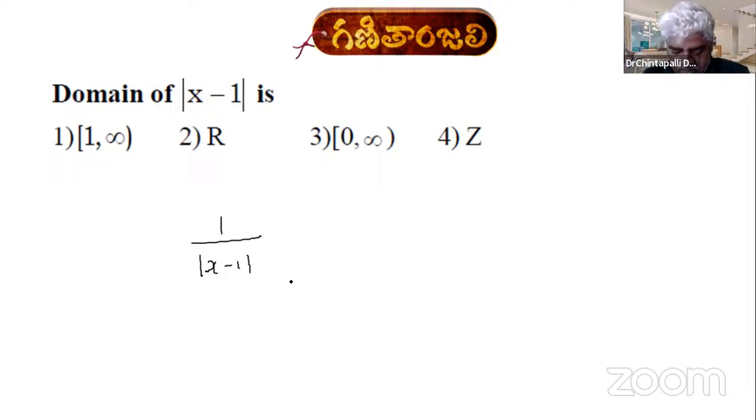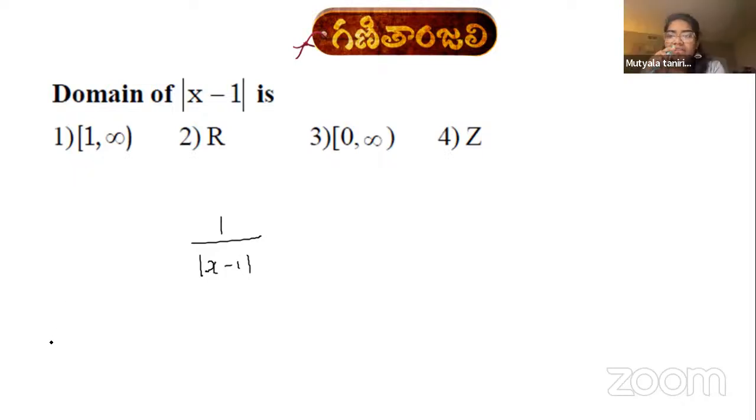But what about this function? This function has a restriction, but the question doesn't have any. So will it be option 3, 0 to infinity? Just wait.